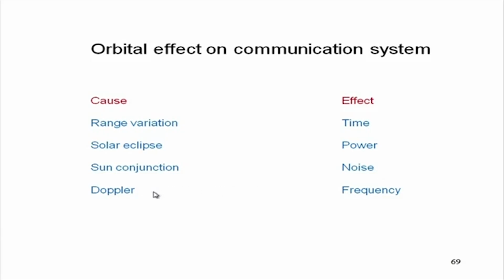Then of course the Doppler. For a geostationary satellite, the Doppler effect is much less, though we have seen that within the station keeping box, the satellite moves here and there, and for very high bit rate communication, where the bit duration is less than a microsecond, let us say 100 megabits per second or 120, 150 megabits per second, the bit duration is very small.